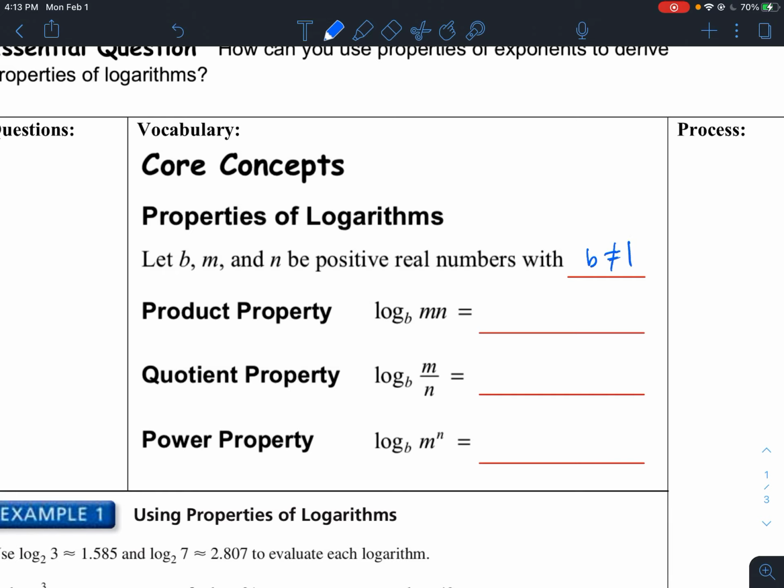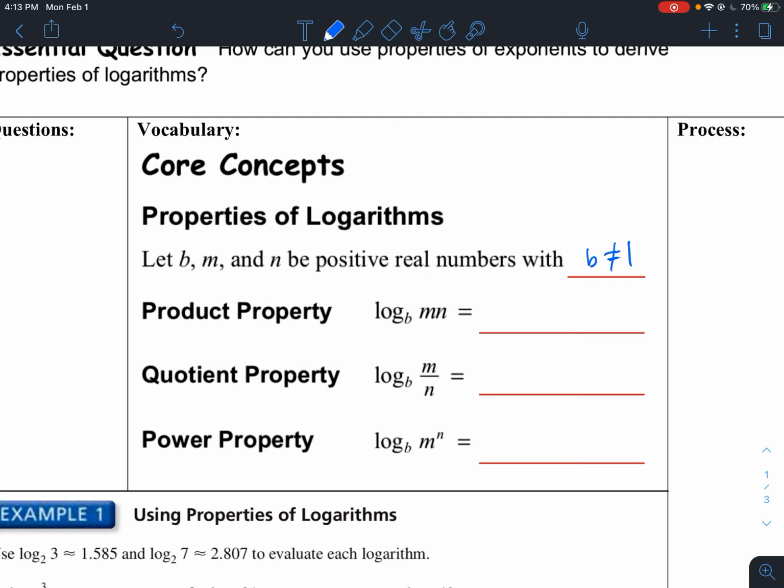So pretty much what we're saying here, positive real numbers, b cannot equal 1, so b has to be greater than 1. It can't be equal to, and it still has to be positive, so b has to be greater than 1. Okay? But yeah, b cannot equal 1. So b cannot be negative, b cannot be 1, m and n are also going to be positive.